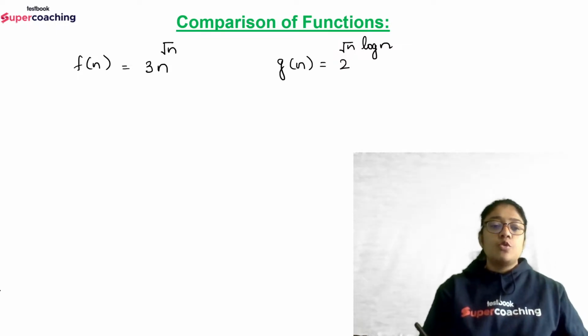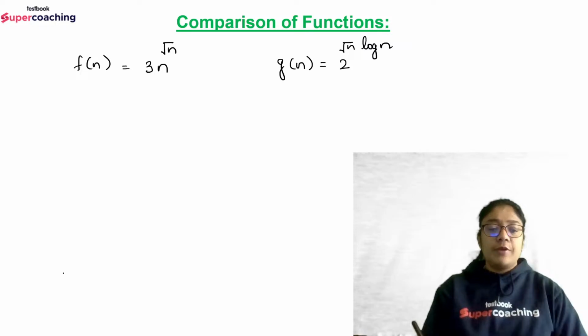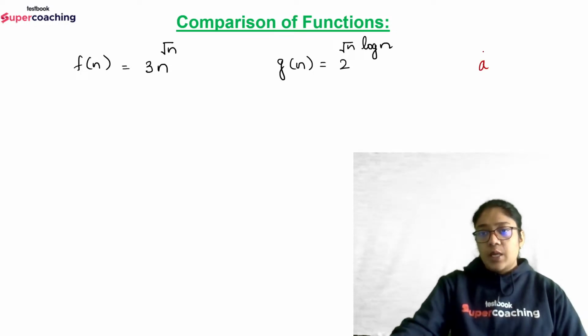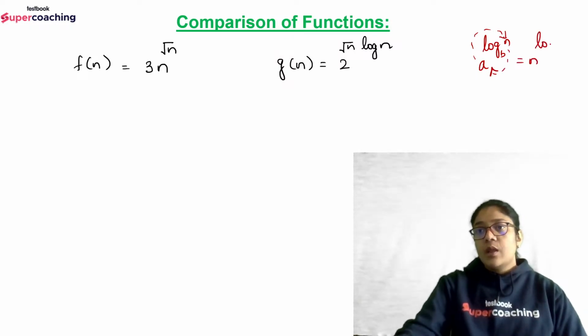We just have to simplify these functions. If you see here, we have discussed that if we are given with the formula a raised to log n with the base b, we can write this as n raised to power log a with the base b.